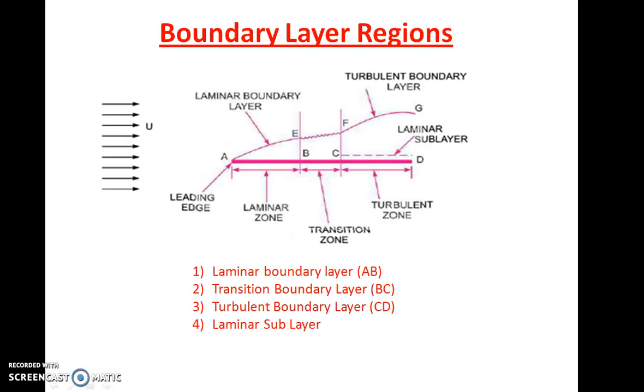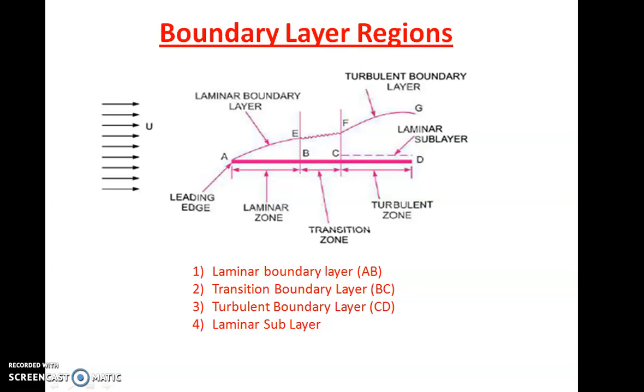In the next slide, you see that as the boundary layer goes on increasing along the length of the plate, depending upon that, the layer is classified into three types, like we have classified laminar flow, transitional flow and turbulent flow. So here also, when the velocity is less in the initial condition, the boundary layer is called a laminar boundary layer.